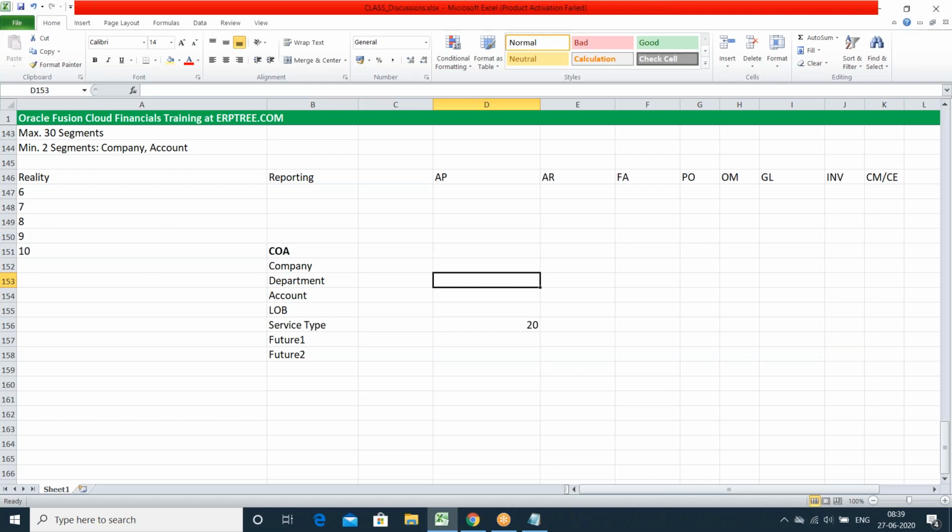How do they deal with that situation? In that case, you can set some default value, put some zeros. Whenever a business user records the transaction, you can make the system automatically take 00, since the service type is not applicable for transactions.